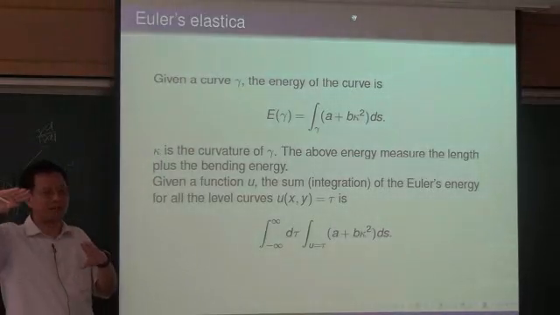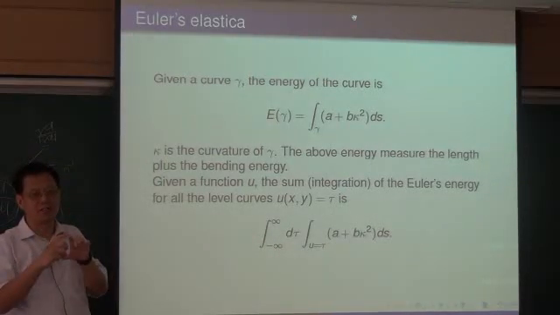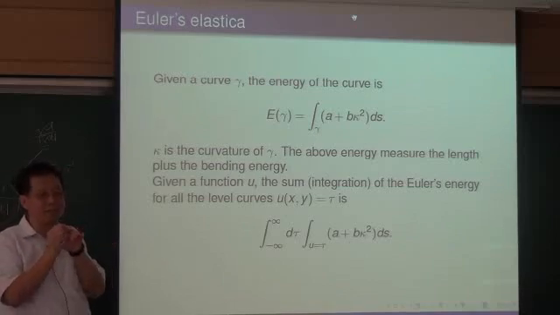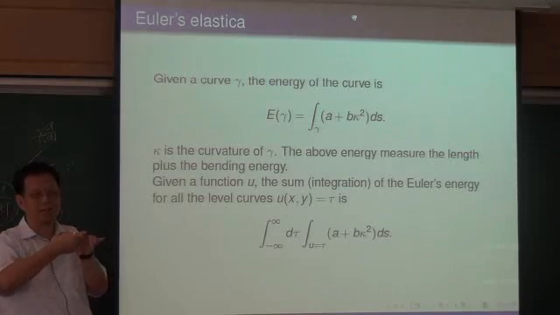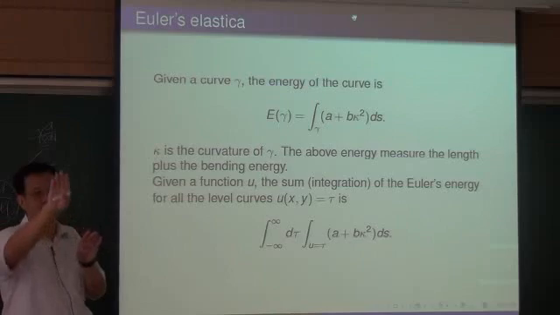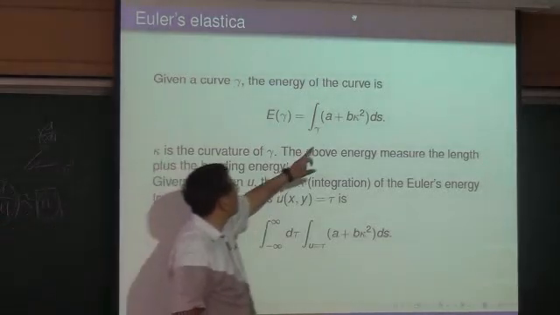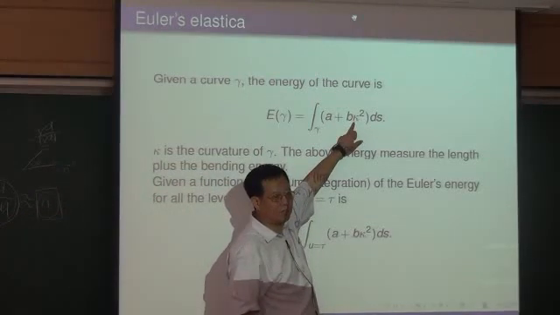If you have a straight line, the curvature is 0. If you have a circle, you have a constant curvature. If the curvature is big, the curve is turning very sharply. If the curvature is low, the curve essentially goes in a constant direction. It doesn't turn. So this is measuring the bending energy of a curve.